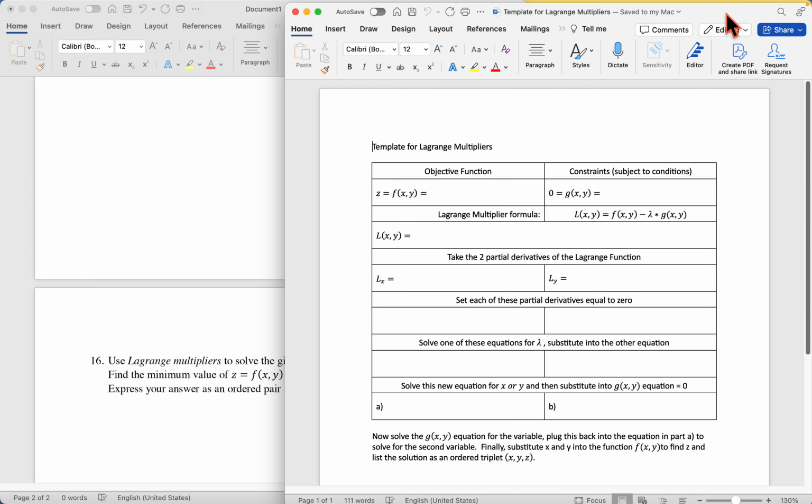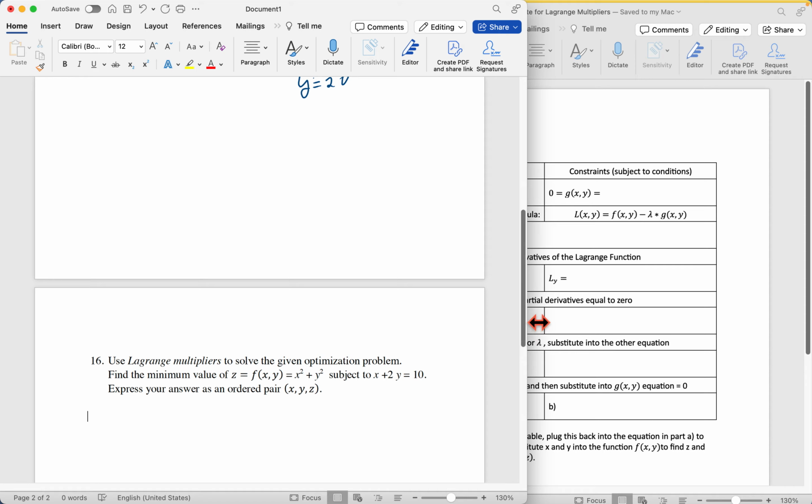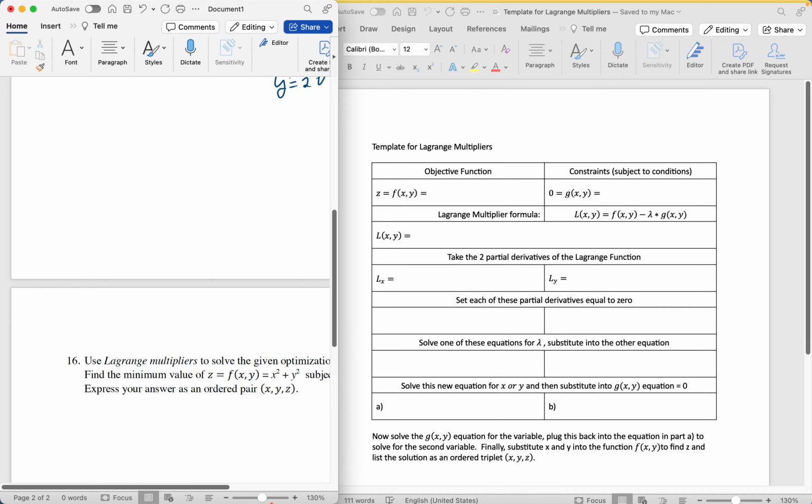Now the last template though, it's embedded in the test, so that one will be there. The Lagrange multiplier, when they ask the question like that, they don't give you the step-by-step. They just ask the questions, and I came up with these simply because I needed to. Okay, so let's make this maybe a little smaller.